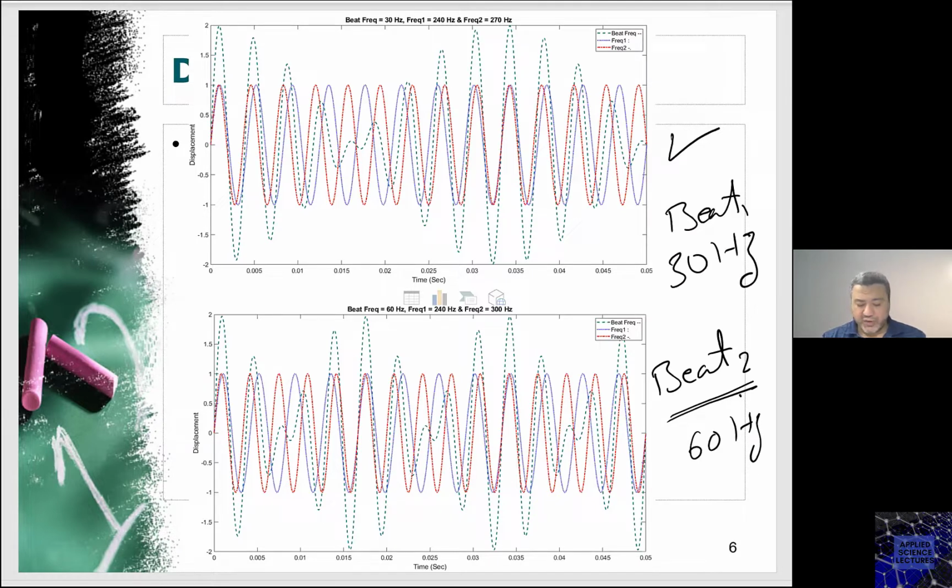So what is this beat? We've seen that the beat is the resulting interference due to the construction and destruction. As you can see, I'll start from this point where they are in the same phase, and then it ends here. This is one cycle of the beat.